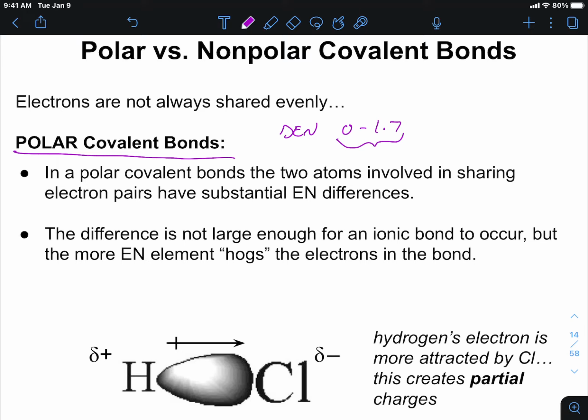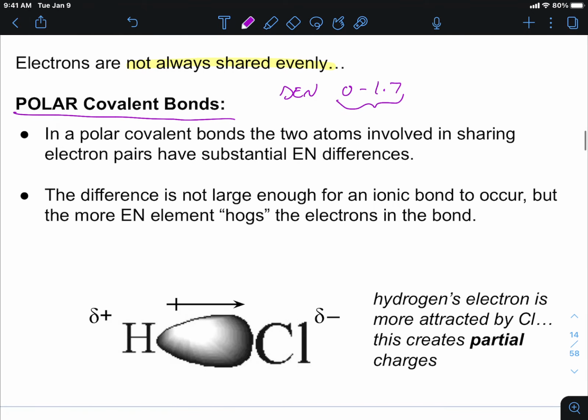All right, so let's say your difference is not quite 1.7. We did some examples where it was like 0.9 or 0.4. That is unequal sharing and not shared evenly. So if you look at this, hydrogen, chlorine, delta En is equal to 0.9.